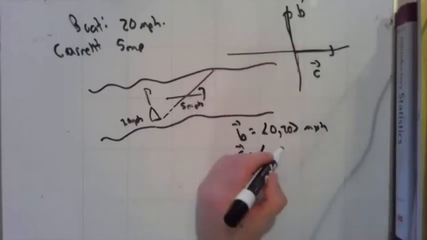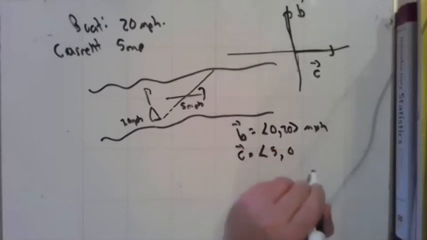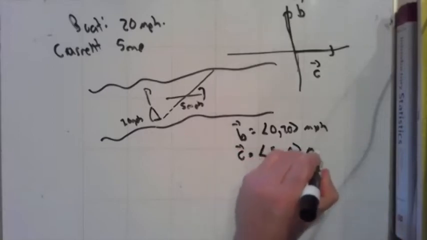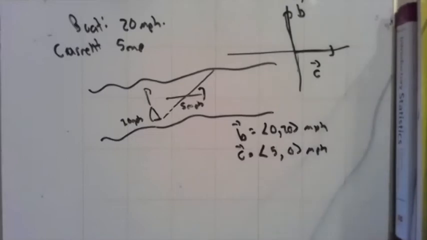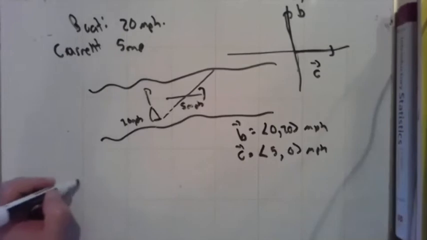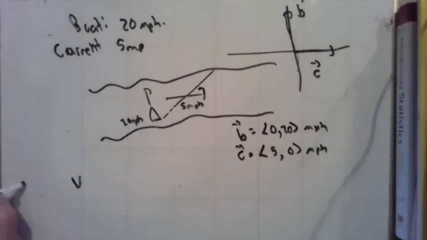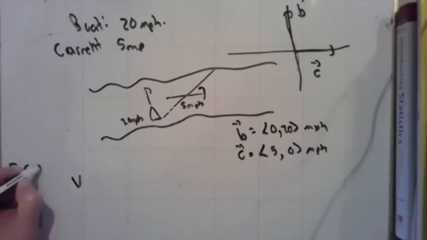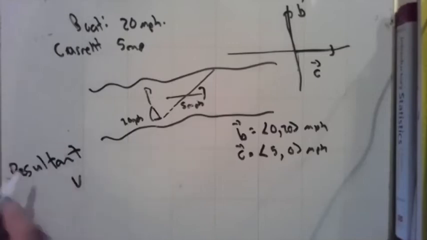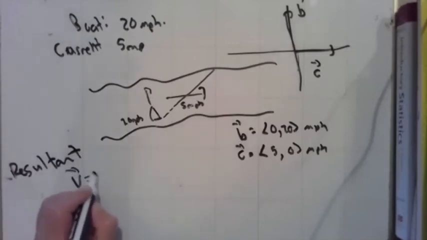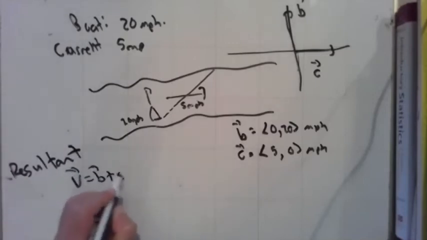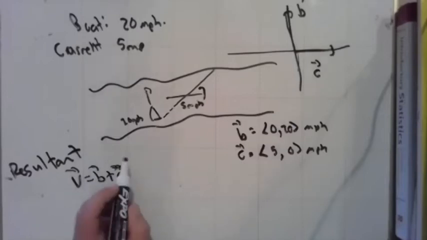It has an x component of 5 and a y component of 0, again in miles per hour. So adding these vectors is easy. So our net or resultant vector, V, will be, add these as vectors, which means add the components.